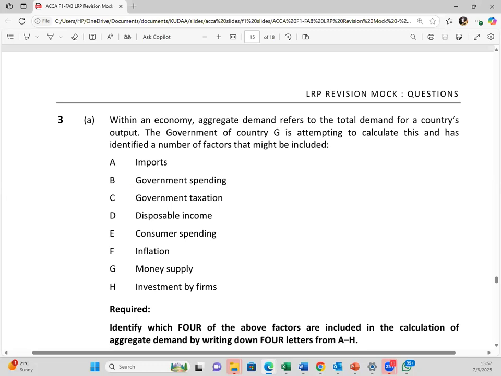A is there. Then we need 2 more. H is there, demand for investment and demand for consumer spending, yes. Now let's move on to the next question.